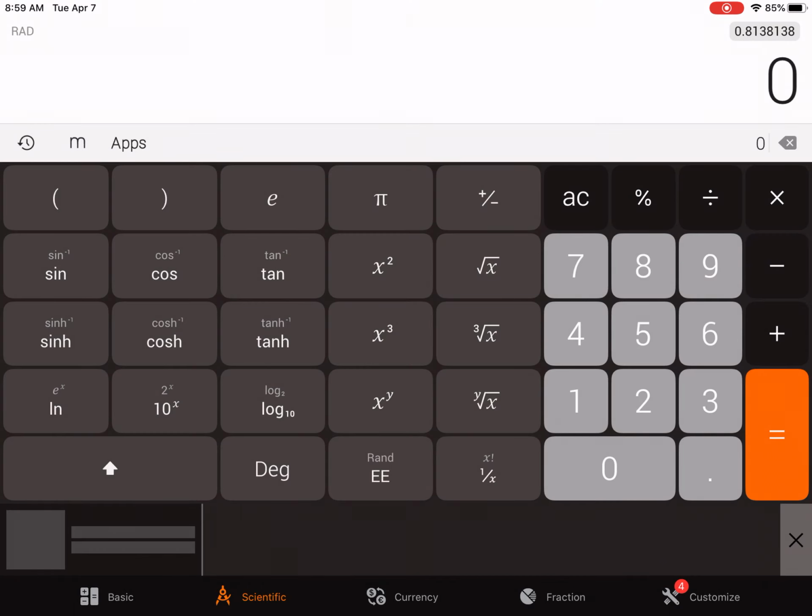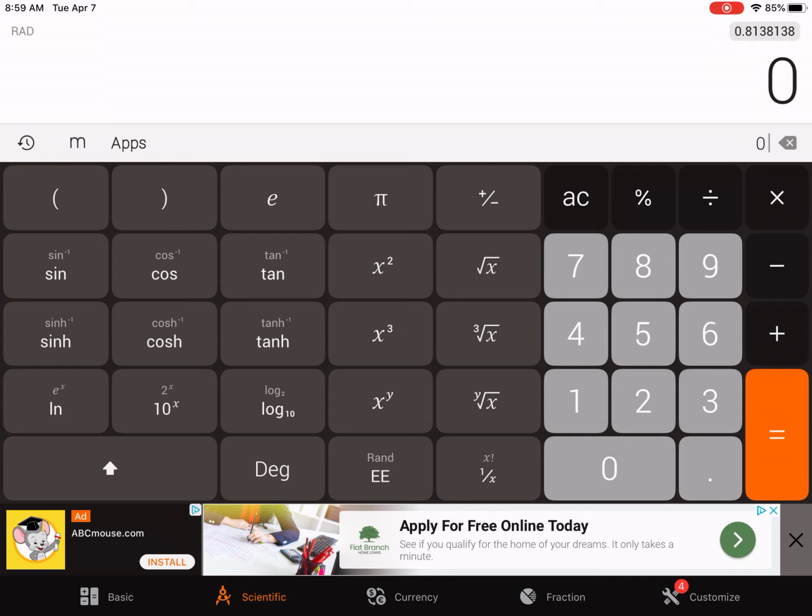All right, I have my calculator right here, and notice here's my sine. First thing to notice, it says RAD up in that top left-hand corner. Now, there's also a DEG button down on that bottom row of my calculator.